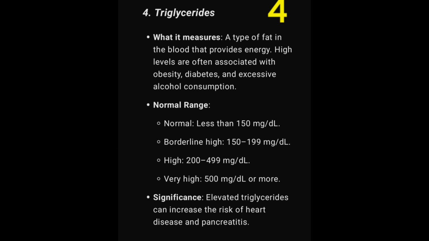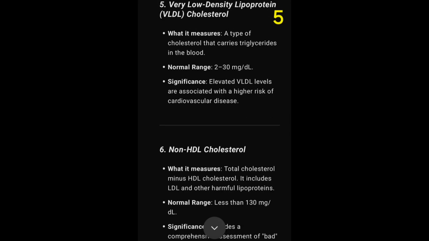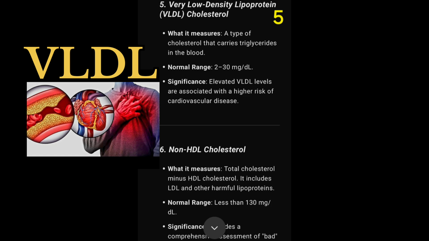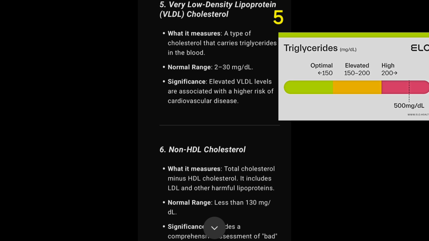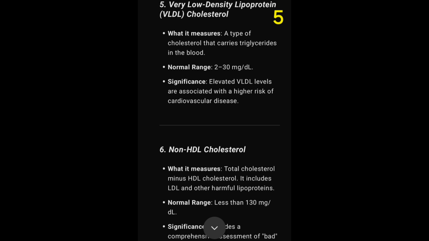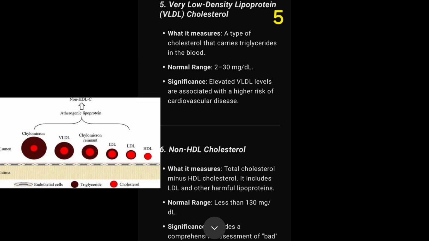VLDL, very low density lipoprotein cholesterol. It is a type of cholesterol that carries triglycerides in the blood. Normal range is from 2 to 30 mg per deciliter, and elevated levels of VLDL are associated with higher risk of cardiovascular disease. Sixth is non-HDL cholesterol.